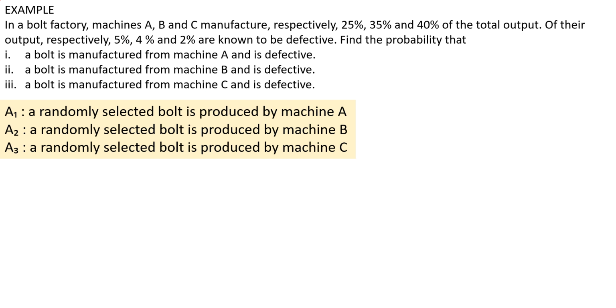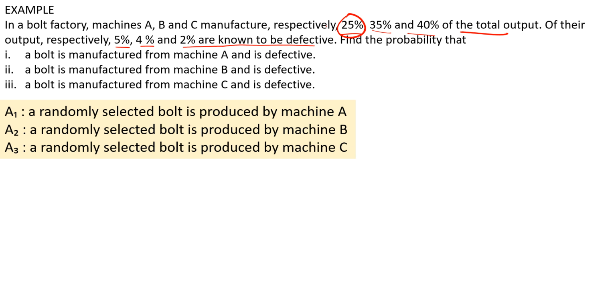Okay, so the example states: in a bolt factory, machines A, B and C manufacture respectively 25%, 35%, 40% of total output. Of their output respectively, 5%, 4% and 2% are known to be defective. So here we are simply saying, okay, there's a bolt factory. There are three machines A, B and C. Machine A produces 25% of the total output produced in the factory.